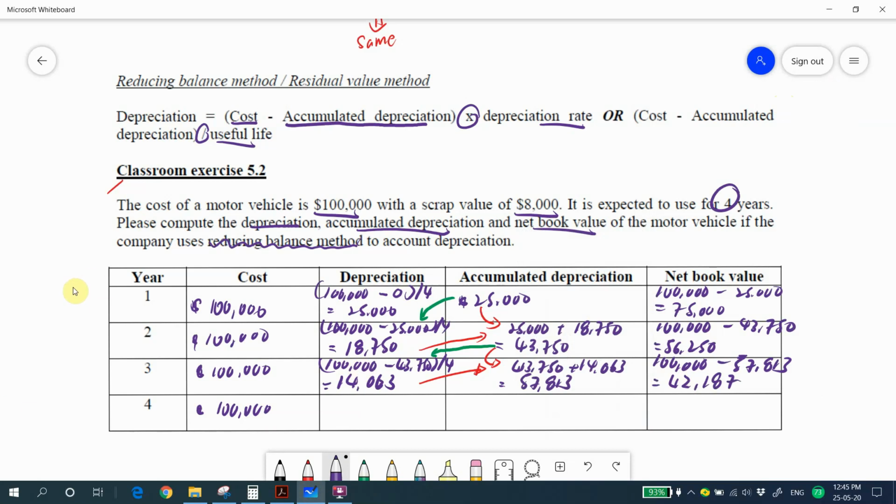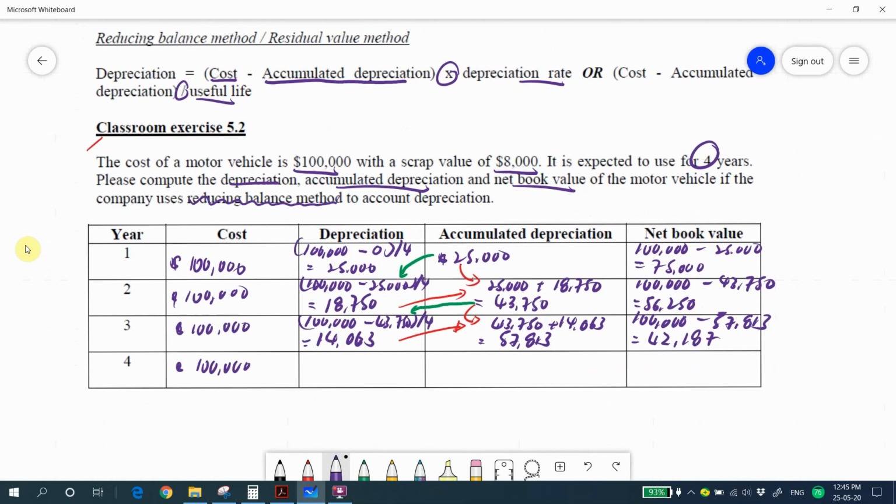And for the last year, year 4, we use 100,000 minus 57,813, divided by 4. How do we get 57,813? We get it from last year's accumulated depreciation.